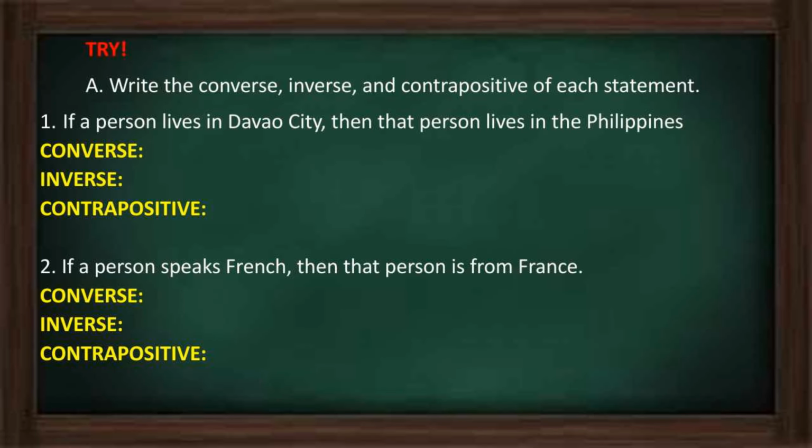And now, it is your turn to answer this activity. All you need to do is to write the converse, inverse, and contrapositive of each statement. Number 1. If a person lives in Davao City, then that person lives in the Philippines. Number 2. If a person speaks French, then that person is from France.